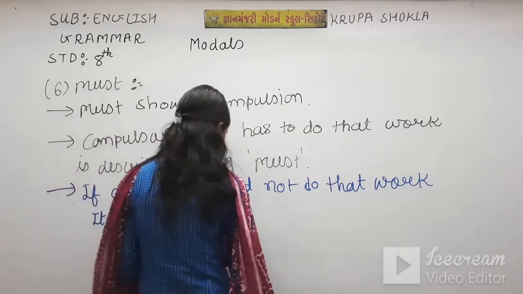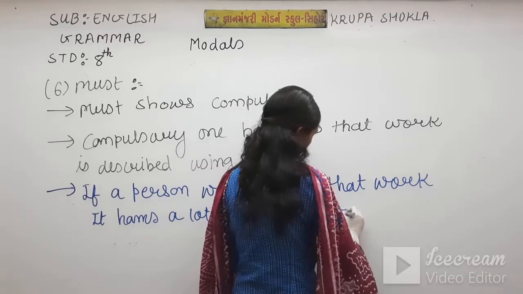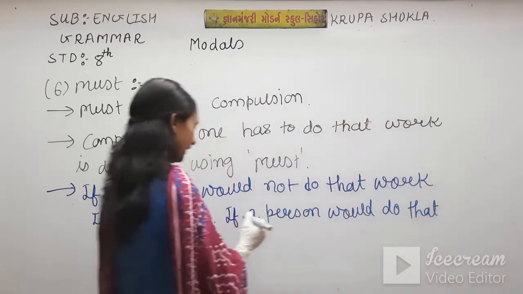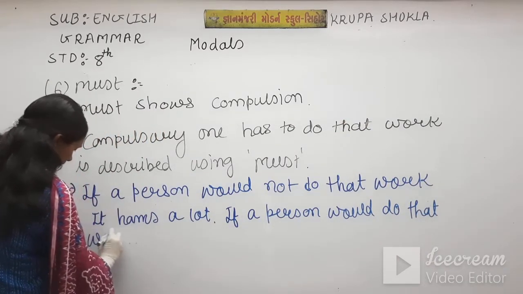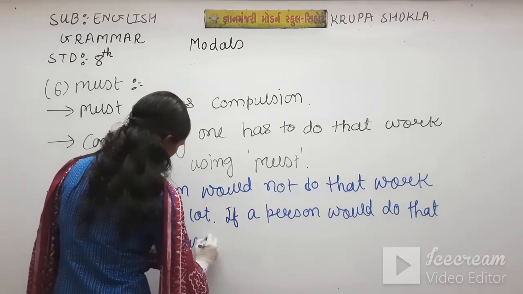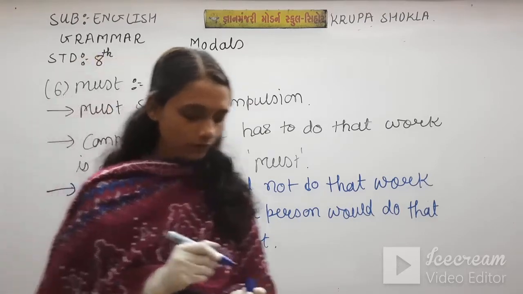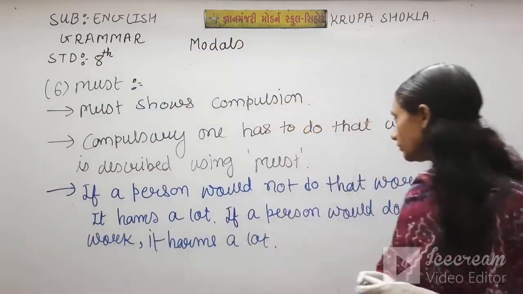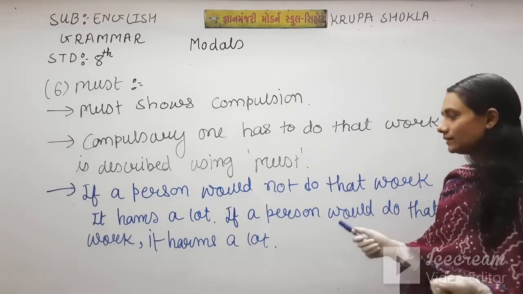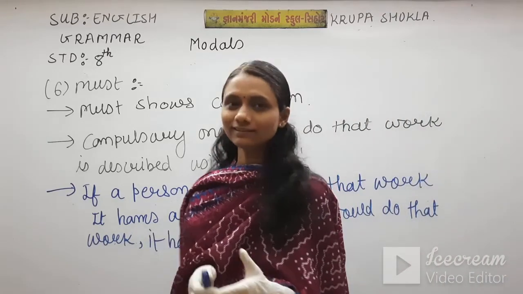Or, vice versa, if a person would do that work, it also harms a lot. What does it mean? Means if a person would not do that work, it harms a lot, or if a person would do that work, it harms a lot. So in this situation, we can use must.